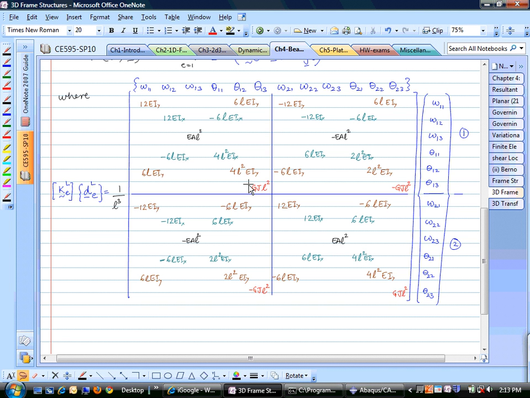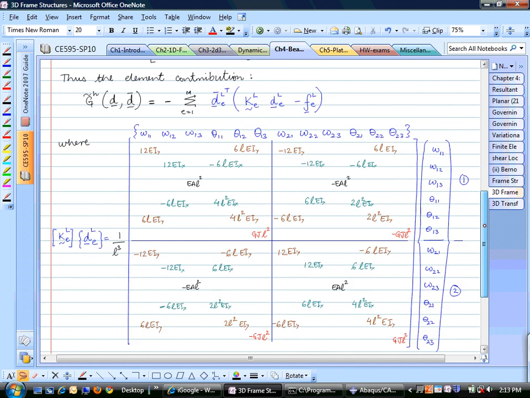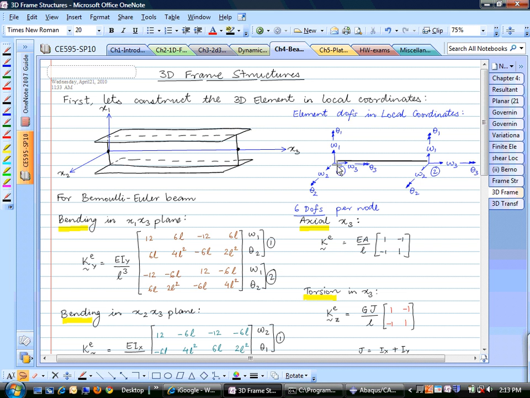And similarly, the red terms here correspond to the torsion. So you have theta 3, theta 1 at 3, theta 2 at 3. Those are the torsional terms. Everything else is 0. So that's how you construct a stiffness matrix for a 3D frame element.